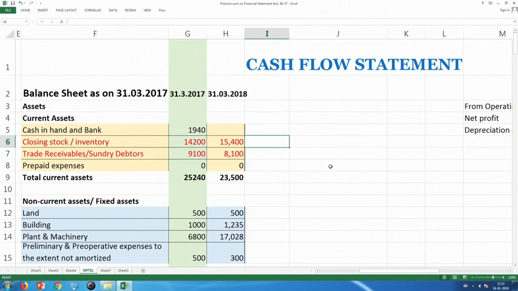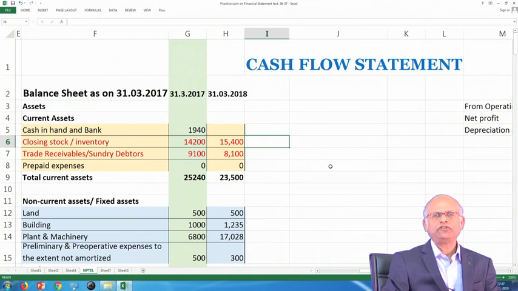Now, you may memorize as a convention when an increase of closing stock should be treated as a cash inflow or outflow, or you can understand the philosophy or the logic behind it.